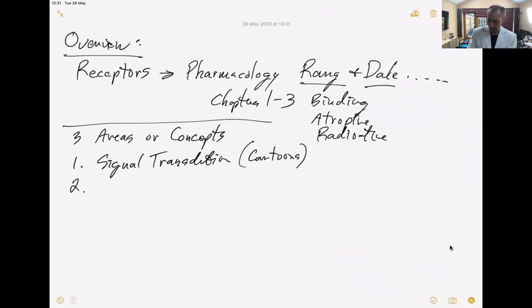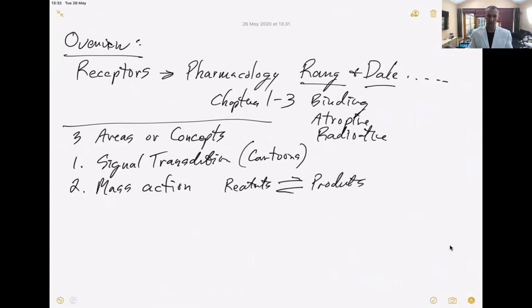So that's going to be the cartoon aspect of this. Second bit of this is going to be what I guess I can call mass action. So if you remember from chemistry, this is like reactants going to products. And if it's reversible, we put 2 arrows, and we can use this shorthand for talking about all the cartoon stuff.